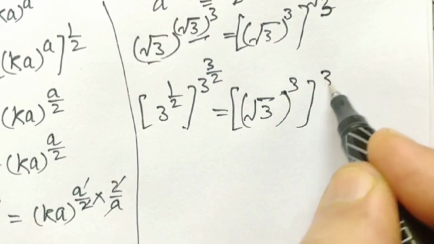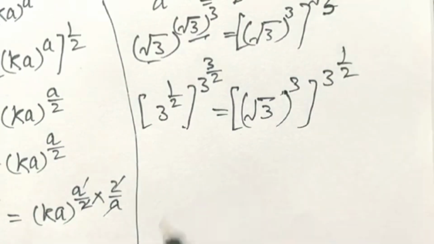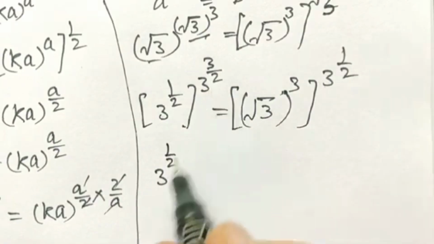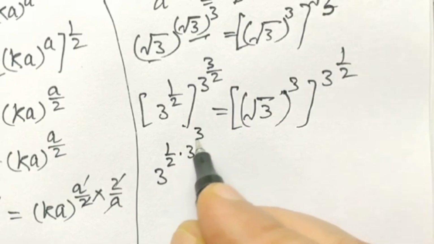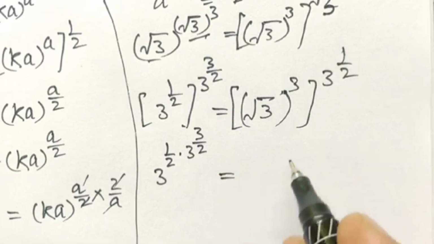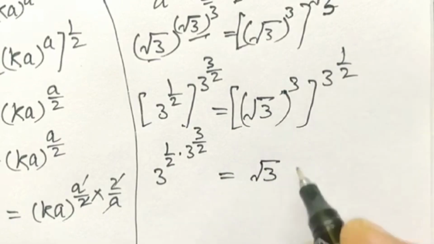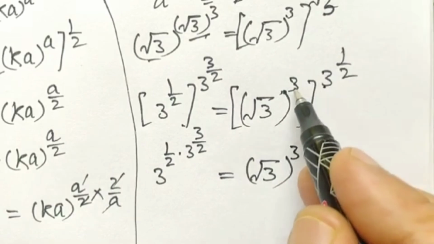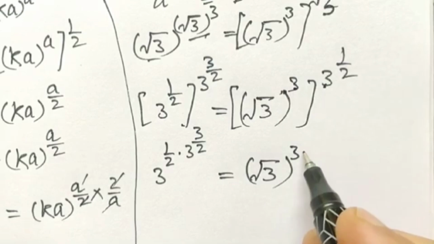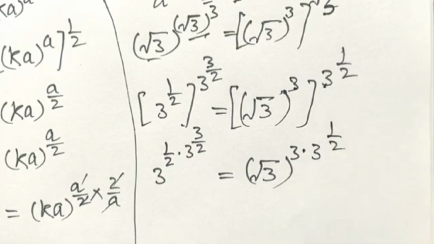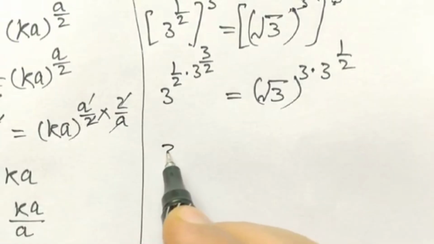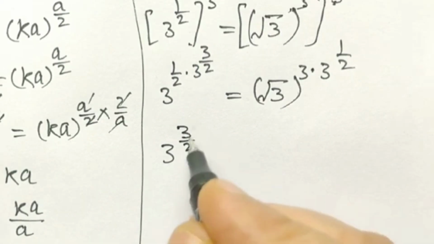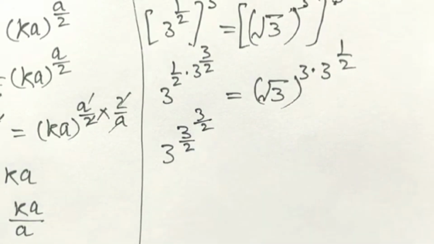So this can be written as 3 to the power half, into 3 to the power 3 by 2, and this will multiply here.